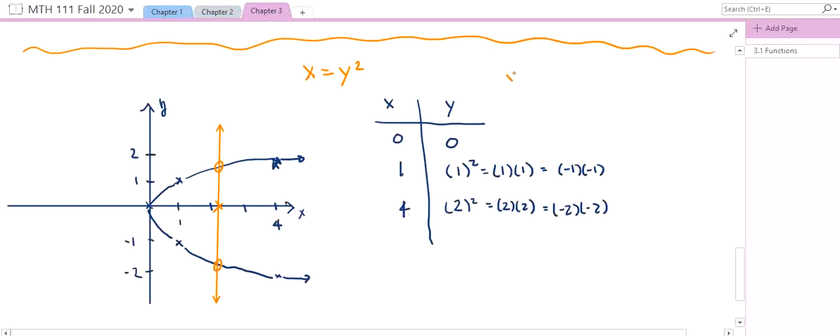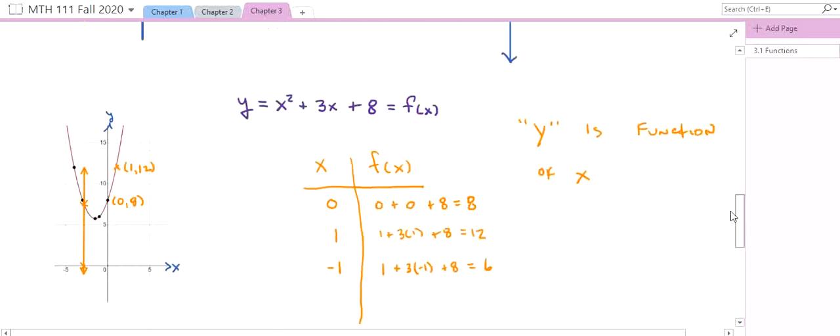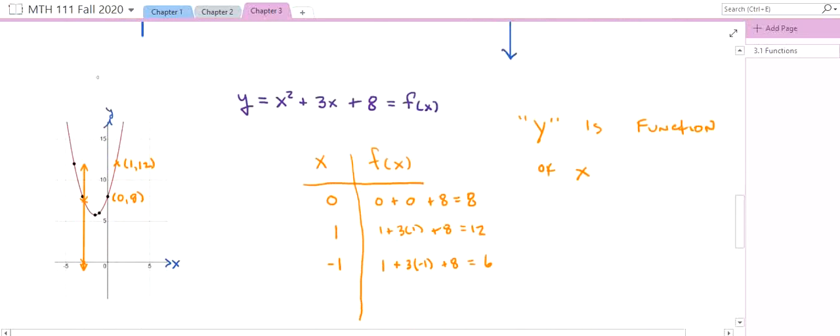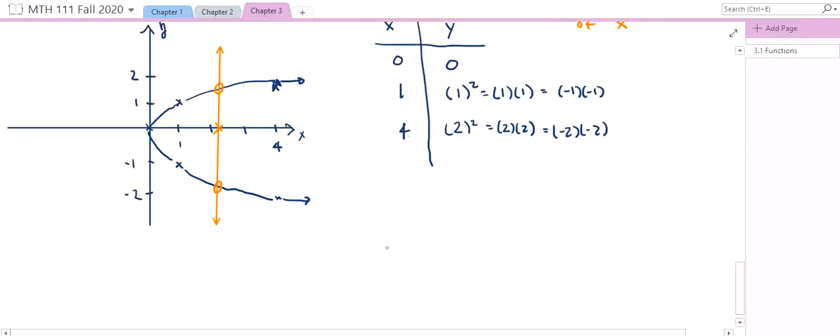So here, y is not a function of x. Even though it's a valid equation, y is not a function of x. Whereas up here, y was a function of x. Similar plots, but this is a parabola opening directly upwards, and this is a parabola that opens to the right.